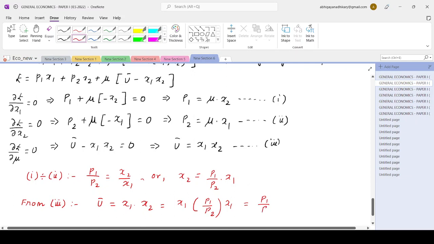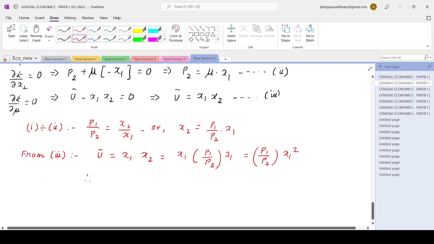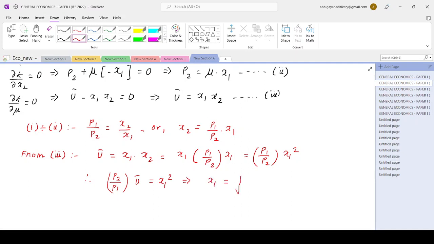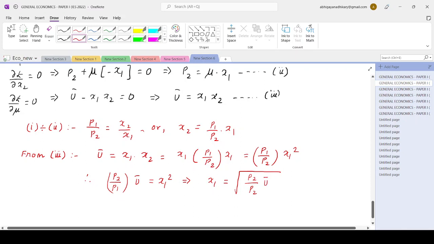That basically gives me p1 by p2 times x1 square. So now as you have fixed the utility, p2 by p1 times u bar is equal to x1 square. That means x1 is basically square root of p2 by p1 multiplied by u bar. So this is basically the Hicksian demand curve, the compensated demand curve.